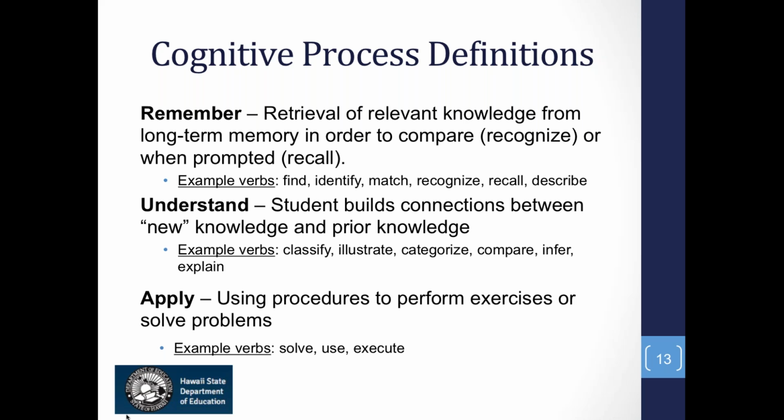It's basically where the students are having to take a new concept and apply kind of a categorical bin to that particular concept using their prior knowledge. At the apply level, they're actually solving a problem that should be novel. So they're solving, they're using, or they're executing might be some of the example verbs you see in the items.